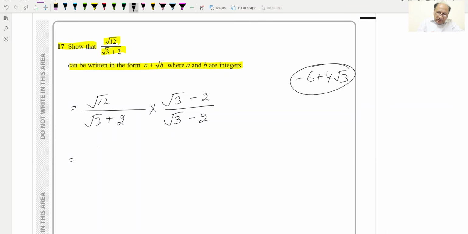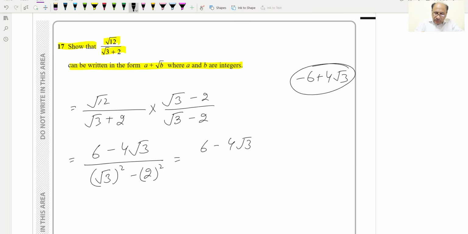The denominator we can write as root 3 squared minus 2 squared. We are showing the steps basically. So it will be 6 minus 4 root 3 over 3 minus 4, so 6 minus 4 root 3 divided by minus 1.